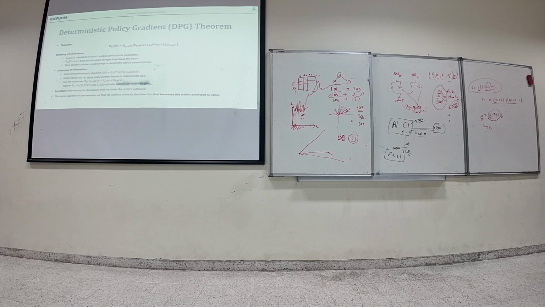So here what we are trying to do is use the gradient of the action value function to maximize it, so as to ensure that you reach the maximum value function while tuning the parameters of the actor such that you take the most optimal action in a given state, right?